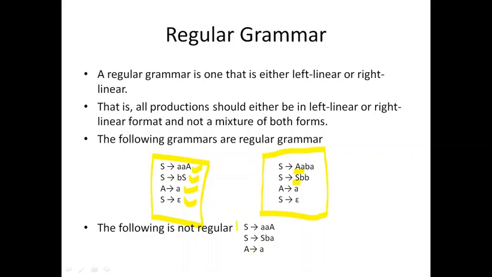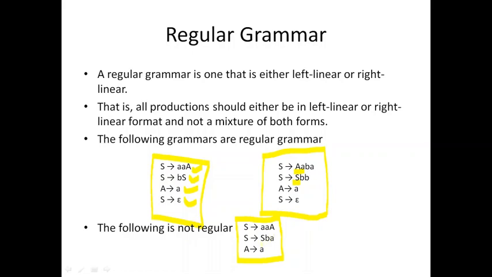Now here you are also given a set of productions which is not a regular grammar. If you look at the productions, capital S has two productions here. In the first production, capital A is appearing as the rightmost, so it is in a format that is required for right linear grammar.